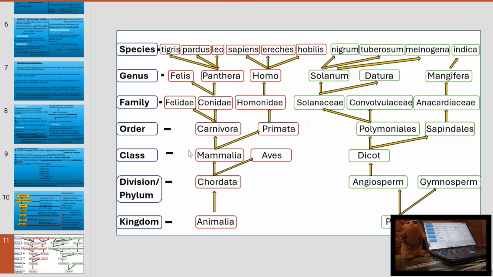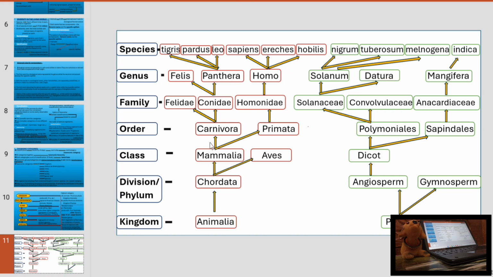Coming to the order, from class Mammalia, orders Carnivora and Primata arise. And from the class dicotyledons, orders Polymoniales and Sapindales come. So note it down, guys: for plants, every order name ends with ales.